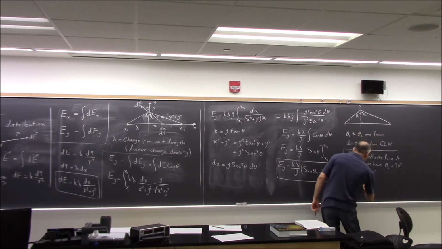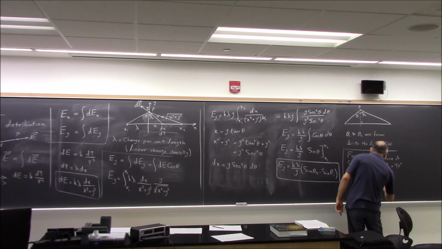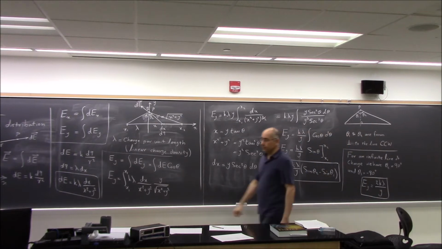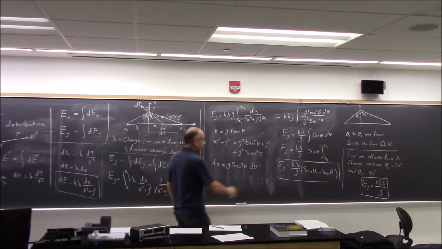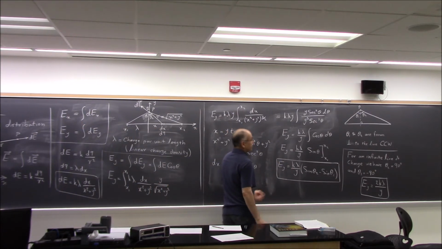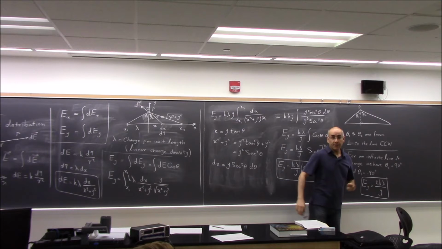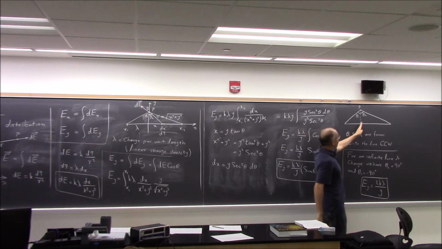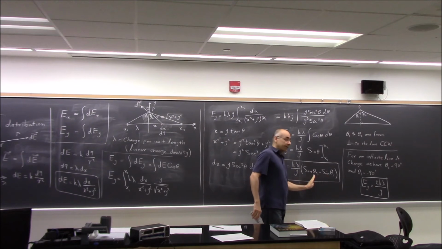And Ey becomes 2k lambda over y, which is an expression that you will find in the book. But this is more general. For a half-infinite line, starting from here, you want to find the electric field right above the end of the line. You have only theta 2 equal to 90 degrees, theta 1 equal to 0, so you get k lambda over y.